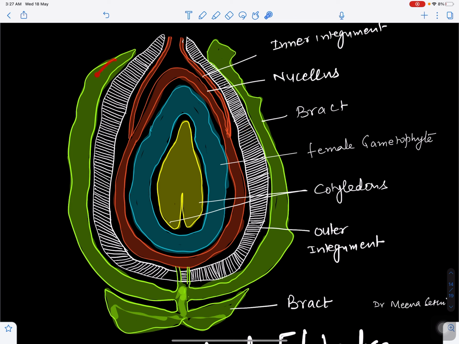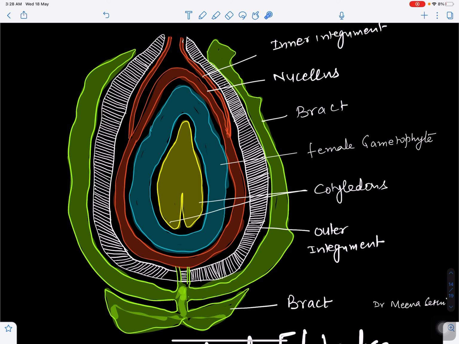And this outermost covering, which is of the strobilus of the Ephedra, will become fleshy, and this will also cover the seed of the Ephedra. And this part is the opening, which is called the micropyle, and this part is the chalazal end of the ovule. Now this ovule will ripen to form the seed. So this is the mature seed of Ephedra.